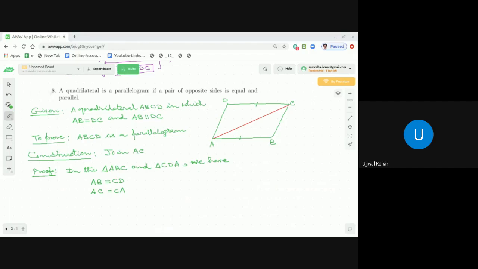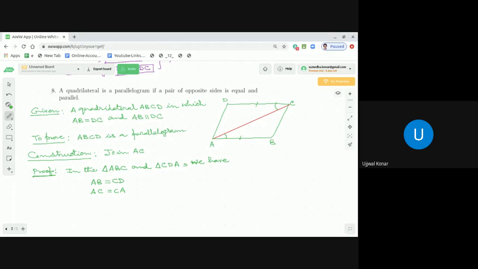And dear students, the next point is that AB is equal to CD, then AC is equal to CA, and what we see is that angle BAC is equal to angle DCA. What I wanted to mean is that this angle is equal to this angle. Why can we say this? Because they are alternate interior angles.